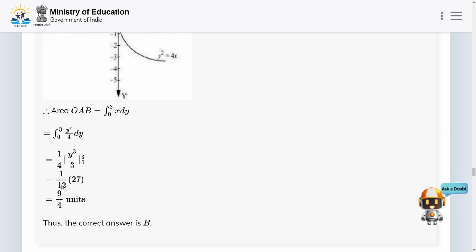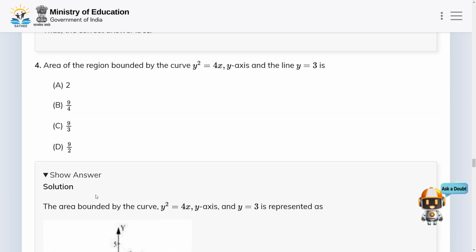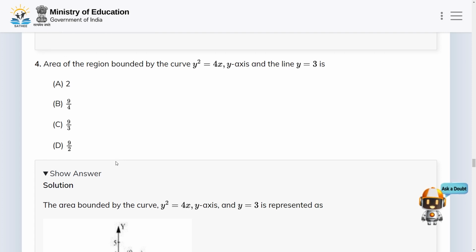You will get 1 by 12 multiplied with 27. Simplify it: after taking common 3, 3 will be cancelled out. You will have 9 in your numerator and 4 in your denominator. So 9 by 4 units. The correct option will be 9 by 4, which is B.